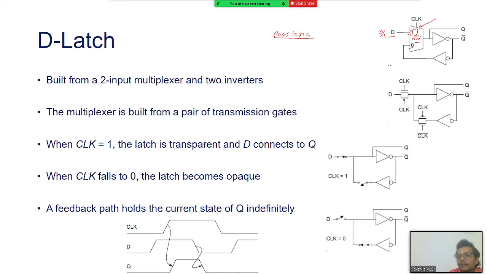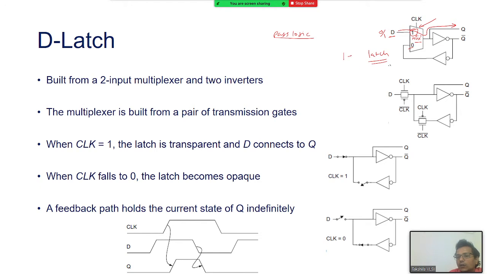Okay, and it means the multiplexer acts as a door. So the door opens when the clock is 1 and this data goes to output Q, right? When the clock is 0 or not active, the door closes and the data is not able to transfer to Q. So that's the meaning of latch.